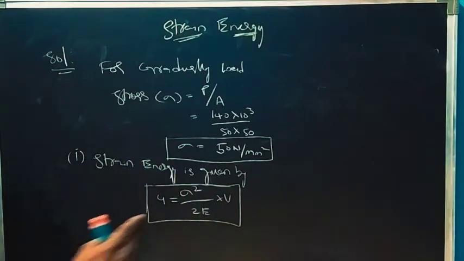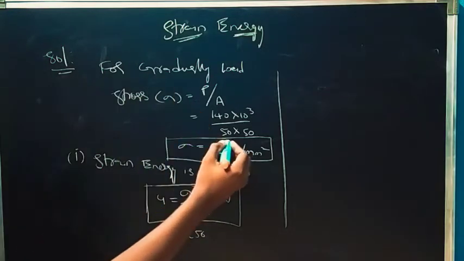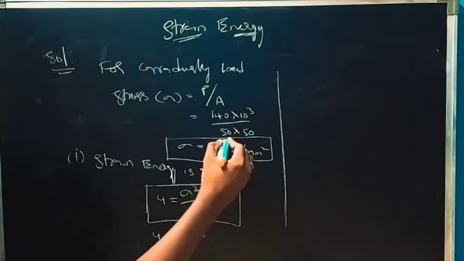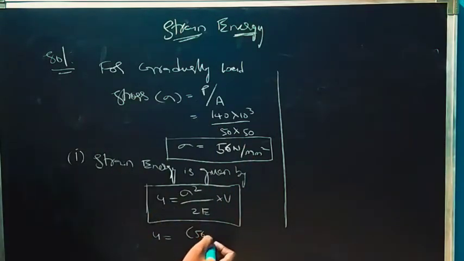So put the values here: U equals 56 square upon 2 into 200 into 10 to the power of 3.